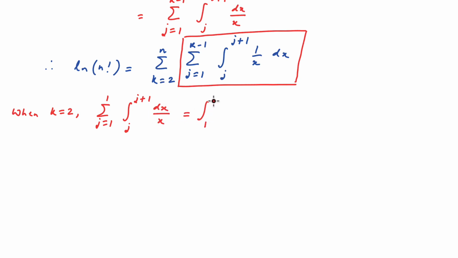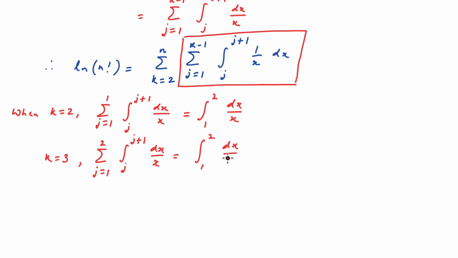And this is nothing but integral 1 to 2 1 upon x dx. Similarly, when k is equal to 3, the expression on the inside becomes summation j going from 1 to 2 integral j to j plus 1, 1 upon x dx, which expands to integral 1 to 2, 1 upon x dx plus integral 2 to 3, 1 upon x dx.